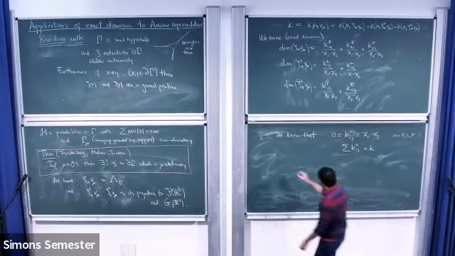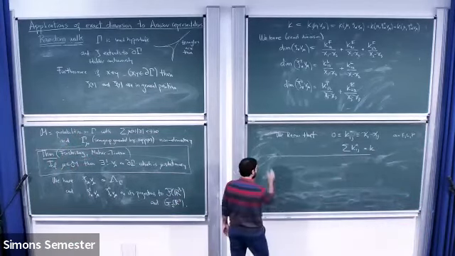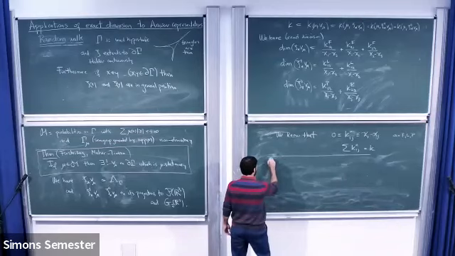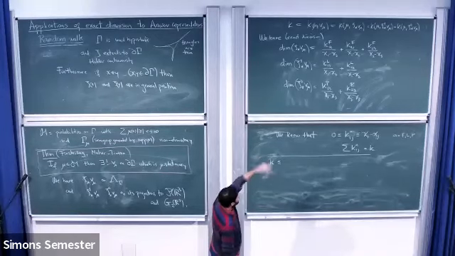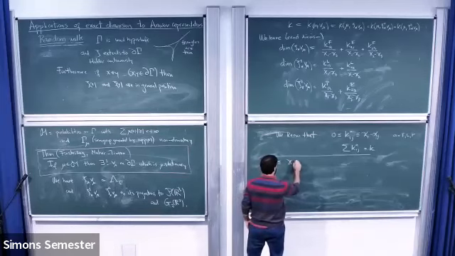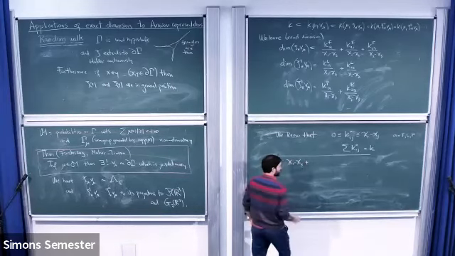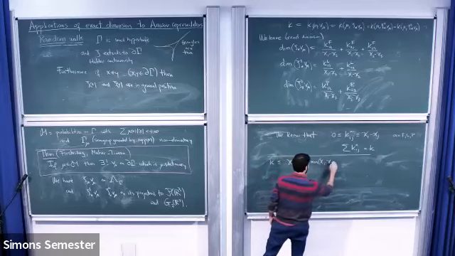So what does this tell us? You get that kappa, in particular, if we look at the second and third formula, is going to be less than or equal to chi1 minus chi3 plus the minimum of chi1 minus chi2 and chi2 minus chi3.